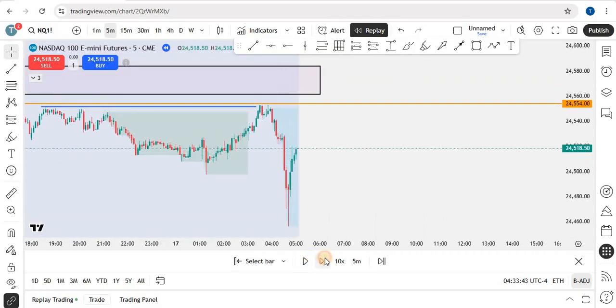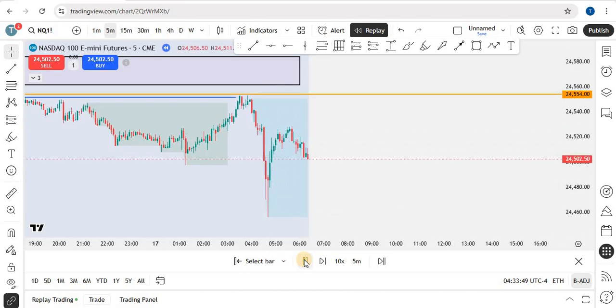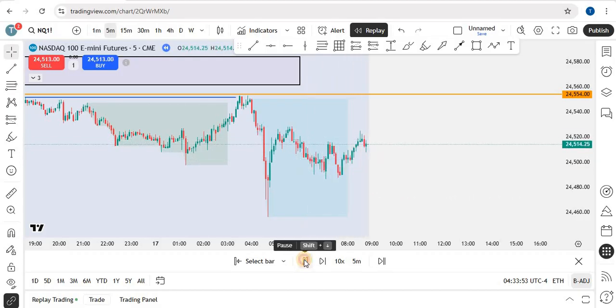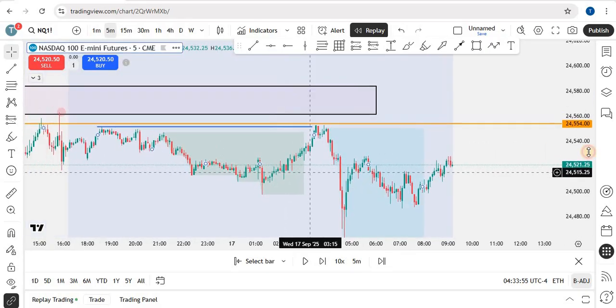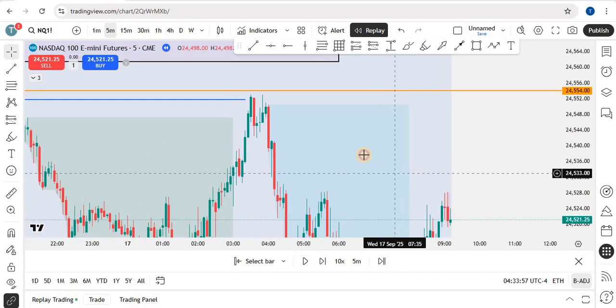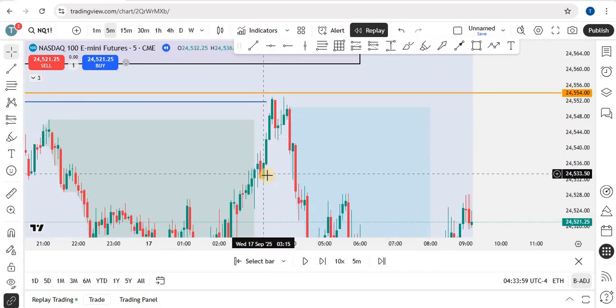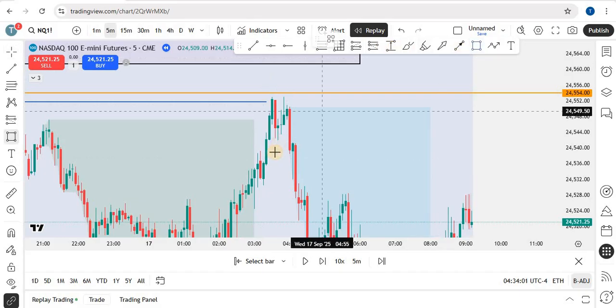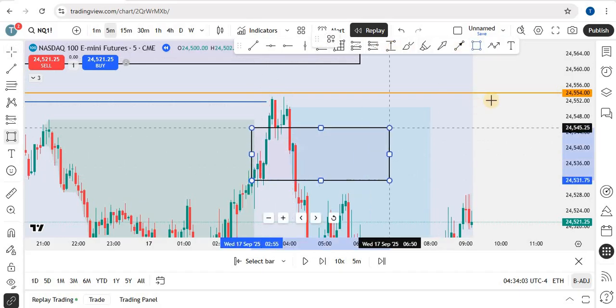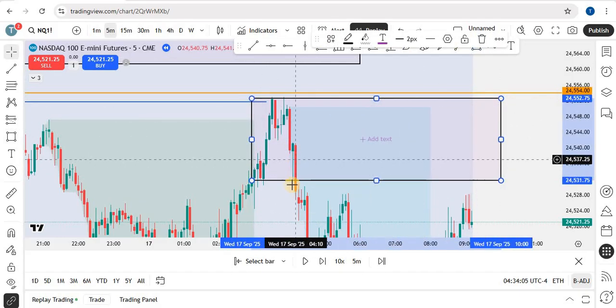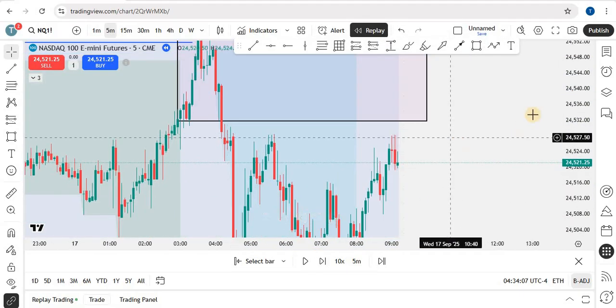So liquidity sweep, CRT, model number 1, after the change in the state of delivery, right?